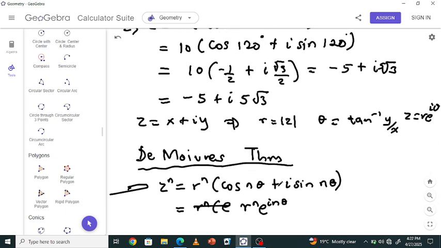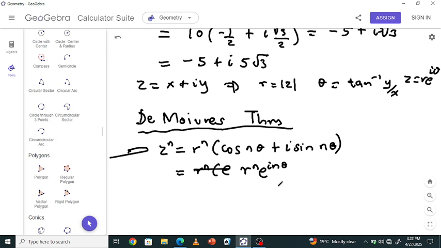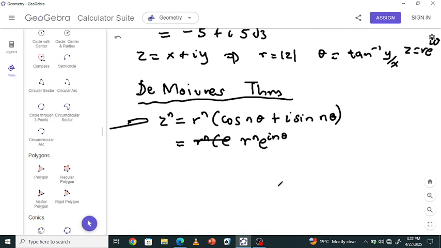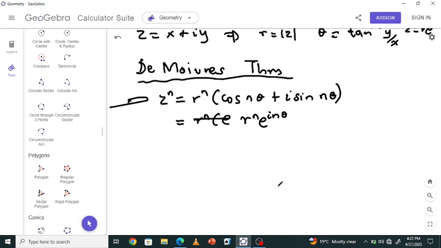And now, from De Moivre's theorem, it means you can easily get the root of a complex number. We will handle it in our next video, but now let's just mention it.